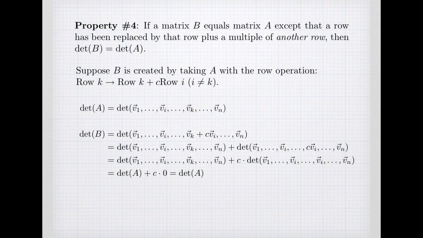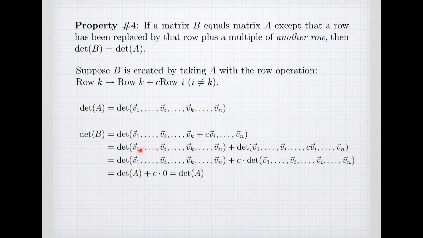Determinant of B, so B is the matrix where the kth row has been replaced by the kth row plus a constant times some other row. And we're going to use linearity on this single term. We're going to split this into two sums. So we split it where the kth row keeps the VK, and in the other term, the kth row is going to keep CVI.